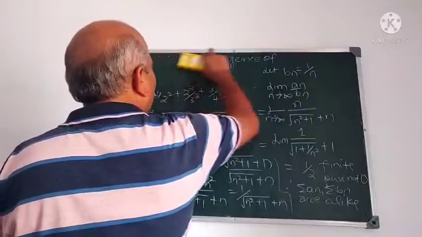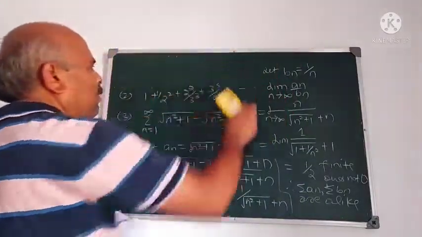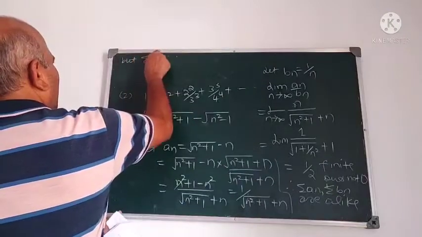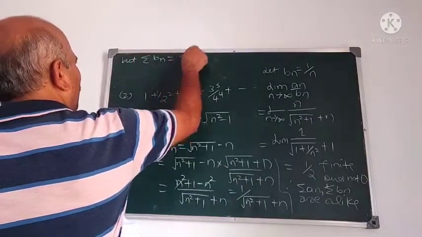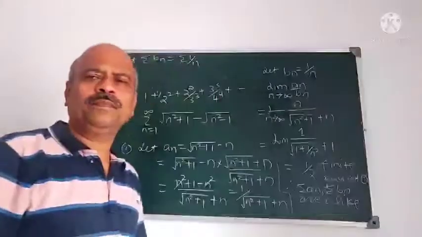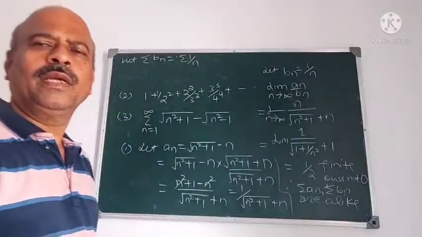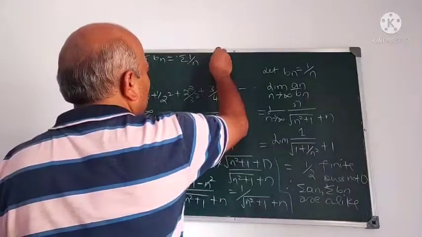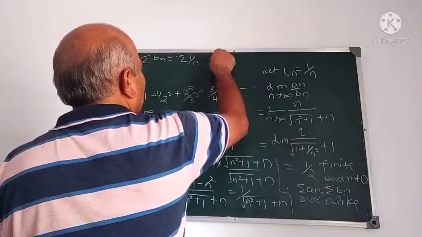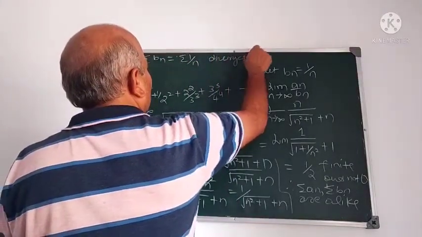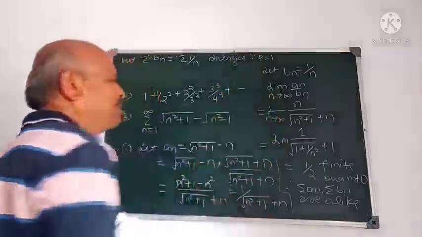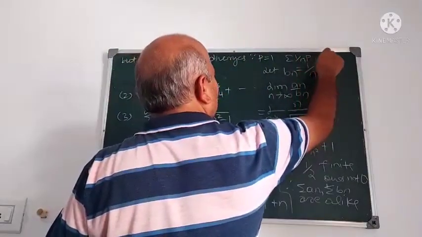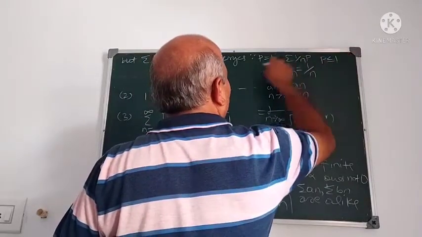But we know the behavior of sigma Bn. What about sigma Bn? Sigma Bn is sigma 1 upon n, whether it converges or diverges. It diverges because p is equal to 1 here, and sigma 1 upon n raised to p diverges if p is less than or equal to 1.